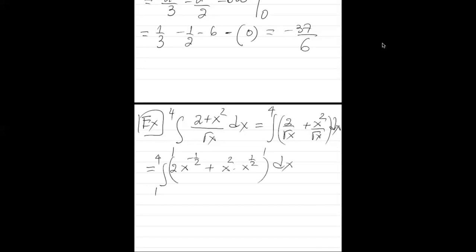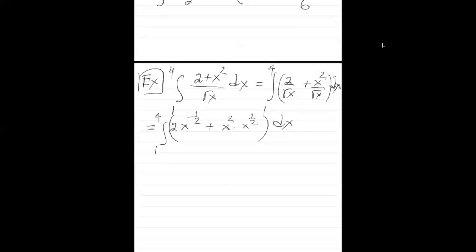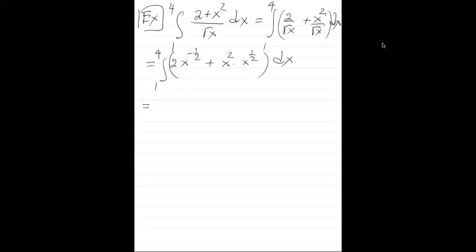So you always work on simplifying your integrand first before you integrate to make things simpler. So again, I'm going to copy this: 2x to the negative 1/2 plus x to the 3/2, and that is dx. So you can integrate all this together or separately.